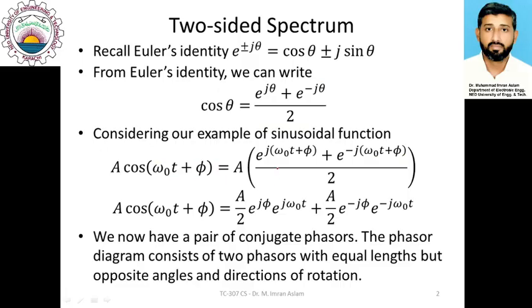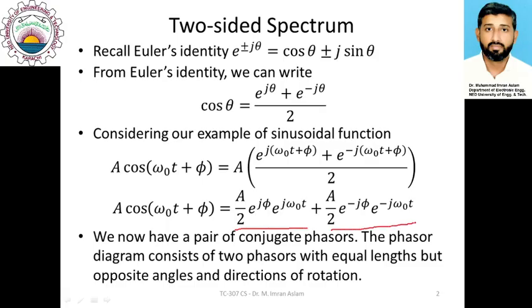If we separate out the different terms, because this is a by 2, we can simply write a by 2, e raised to power j phi, combined with e raised to power j omega naught t. Similarly, for the other term, e raised to power minus j phi and e raised to power minus j omega naught t. From this representation, you can see that we can write this cosine function as a sum of two phasors.